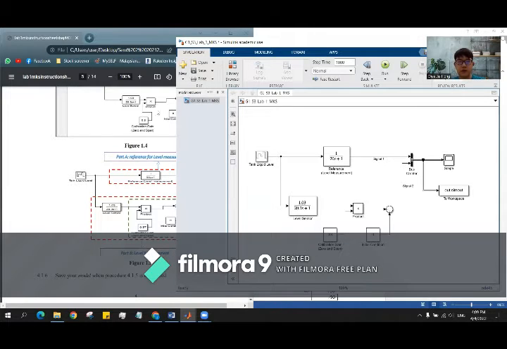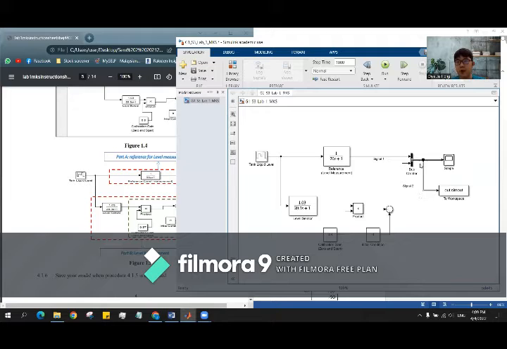As from Figure 1.4, we are using 0.8 as the first value for our Lab 1 part A. Then we are using a constant block as initial condition 2. The signal will go through an adder, and the output will be declared as signal 2.